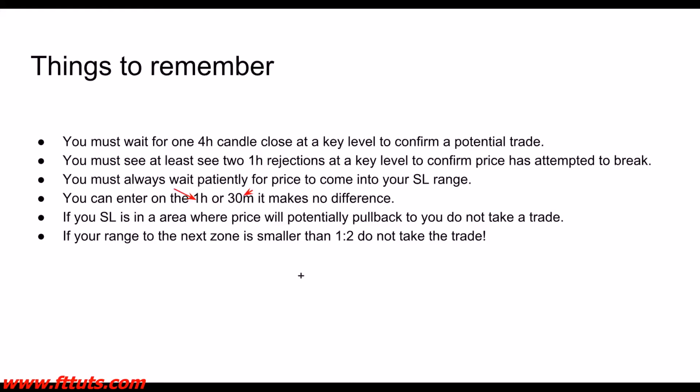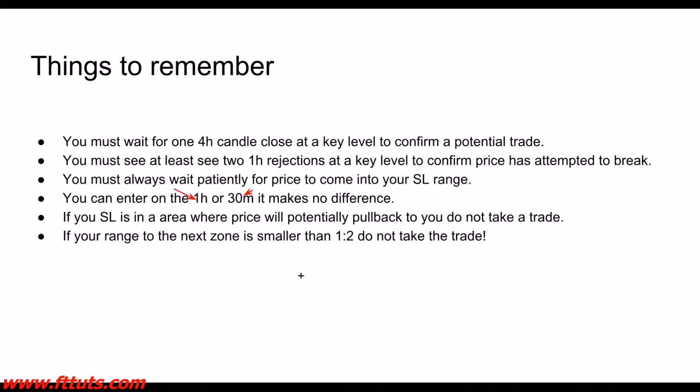And we're not focusing on any candle patterns at all. We are only focusing on rejection based on our knowledge and understanding of market structure. So we've already built our bias from the 4-hour time frame, and we're only going to be using the 30-minute and the 1-hour time frame to indicate exhaustion.